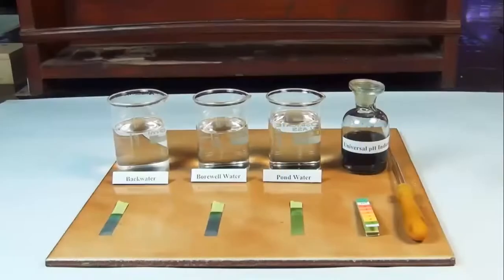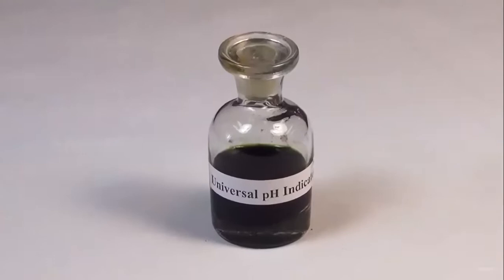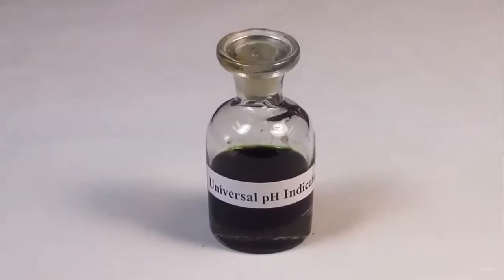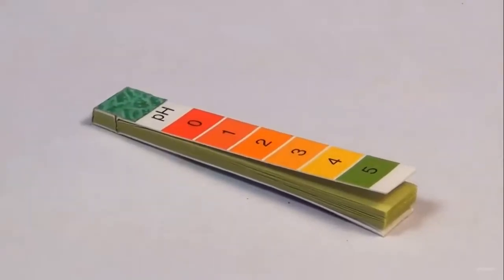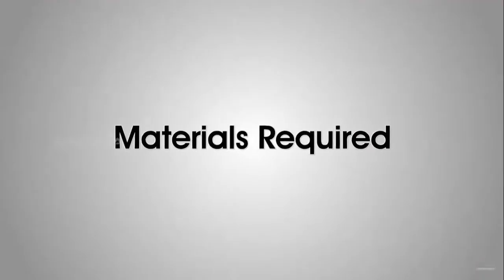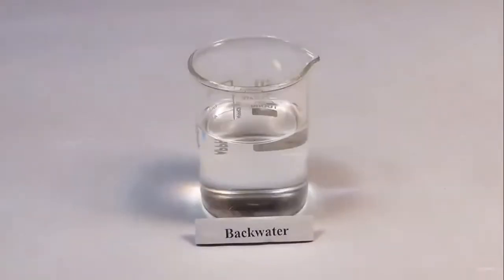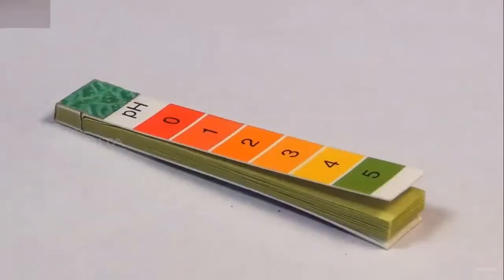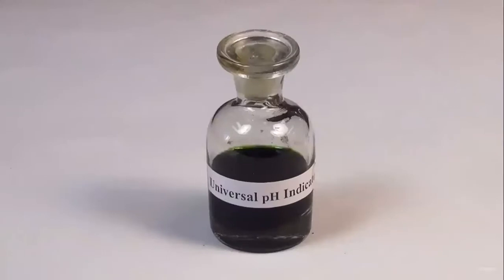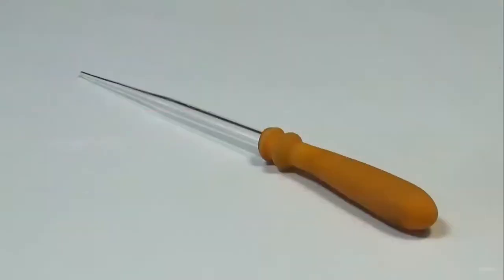The pH value of a water sample can be determined by using universal pH indicator solution or pH paper strips. Materials required: water samples from the pond, borewell and backwater, pH paper, universal indicator solution, dropper and a tile.